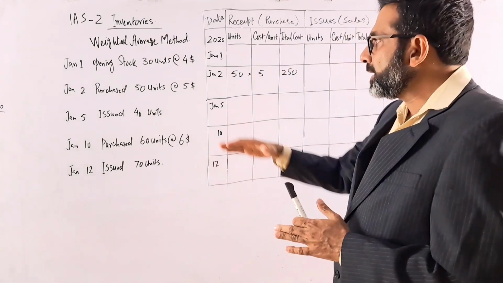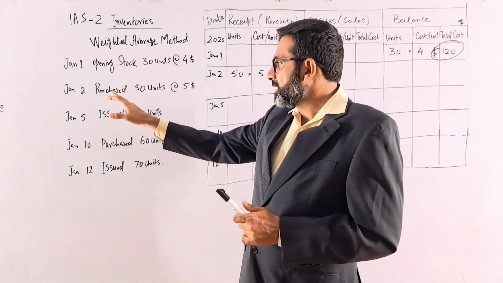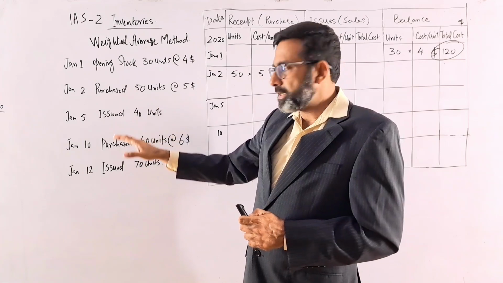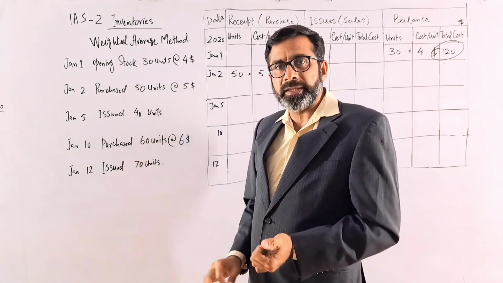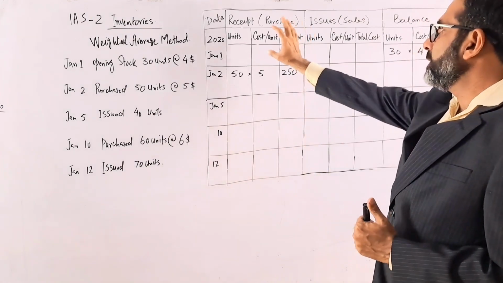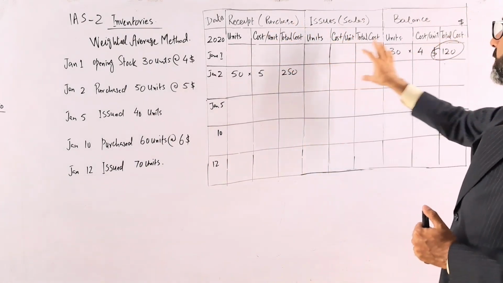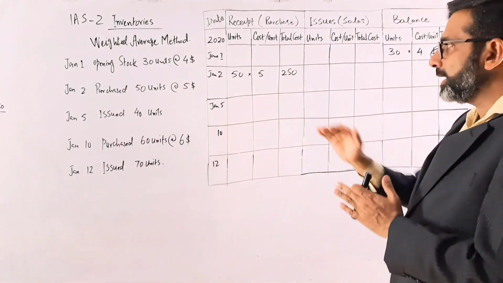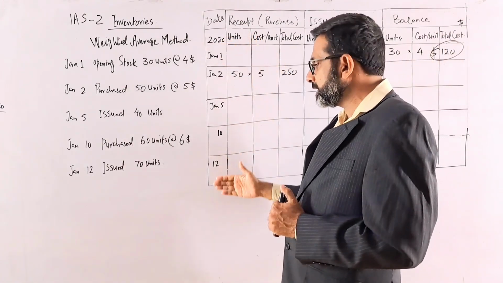The same format: we have an opening stock, some purchases, some issues, again some purchases, some issues. With respect to the inventory card, we have receipts, issues, and the balance, and date-wise we have to record the transactions.